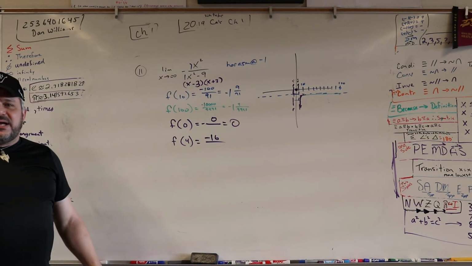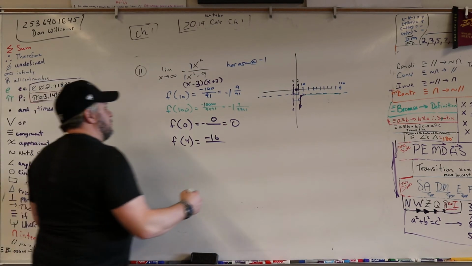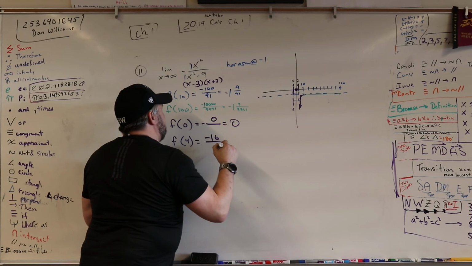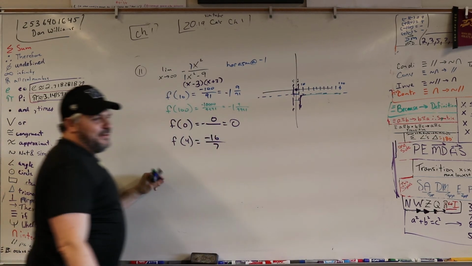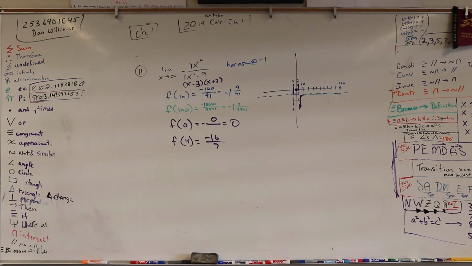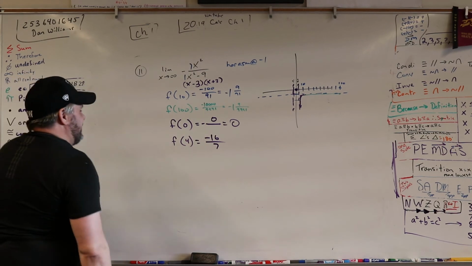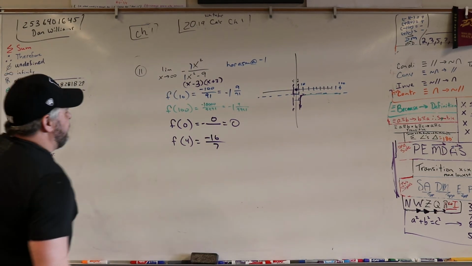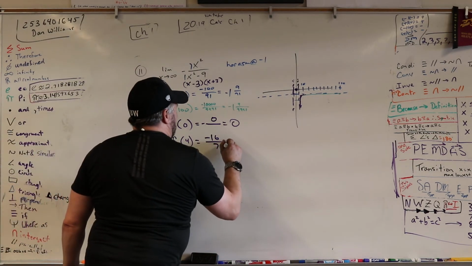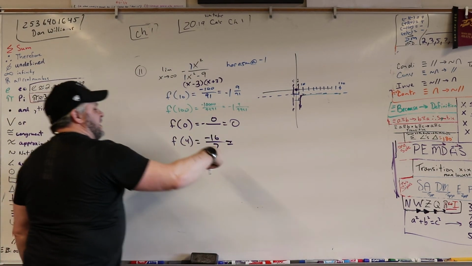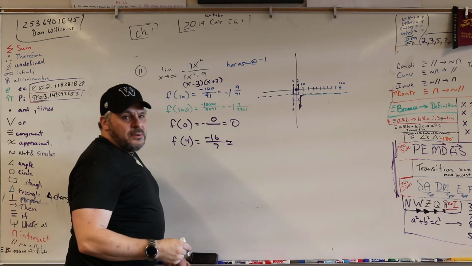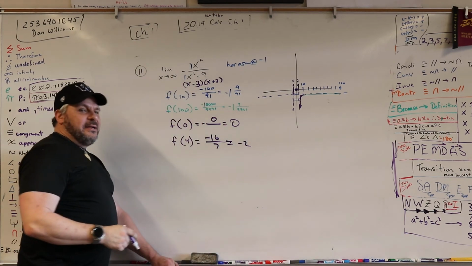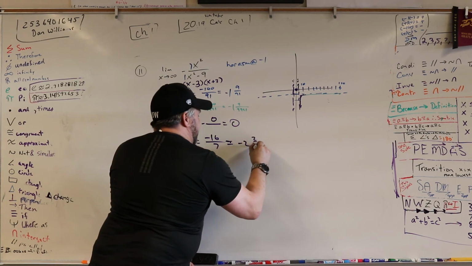What's 16 minus 9? 7. Yeah, 7. You're right. Sorry. I just want to double check. So how many times is 7 going into 16? Twice. Negative 2, and 2 left over 7.